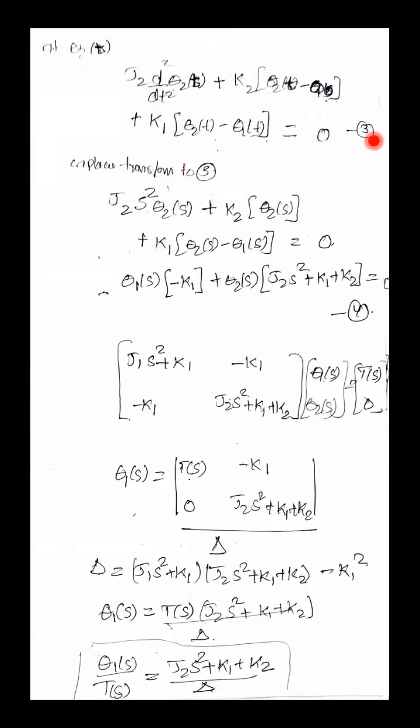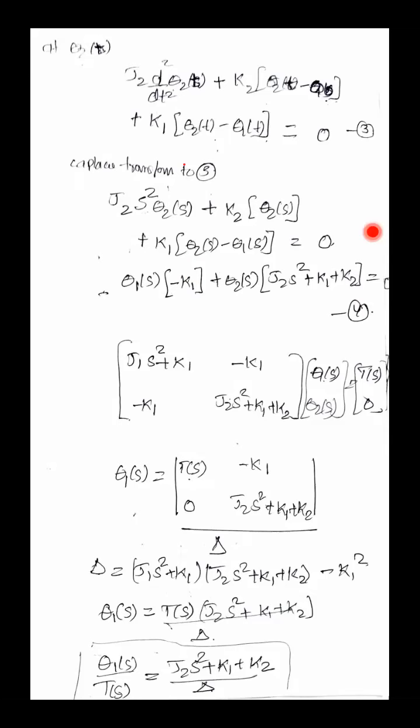Now if you take the Laplace transform for this, it becomes J2 into S square into theta2 of S plus K2 into theta2 of S plus K1 into theta2 of S minus theta1 of S, which is equal to 0.